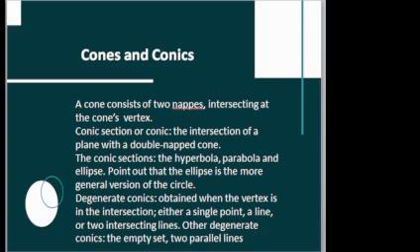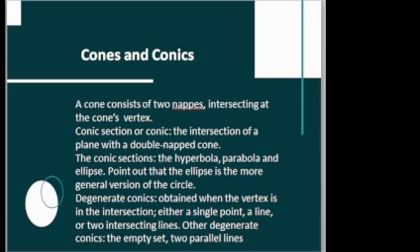The conic sections are the hyperbola, the parabola, and the ellipse. Point out that the ellipse is the more general version of the circle, and that the degenerate conics are obtained when the vertex is in the intersection: either a single point, a line, or two intersecting lines.